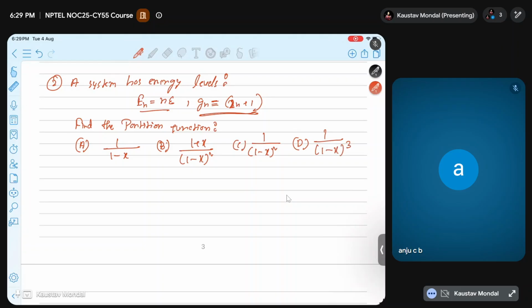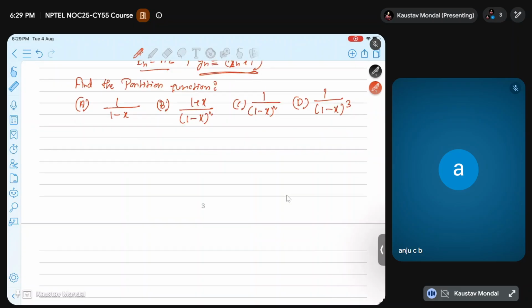Okay, so these are the four options given.